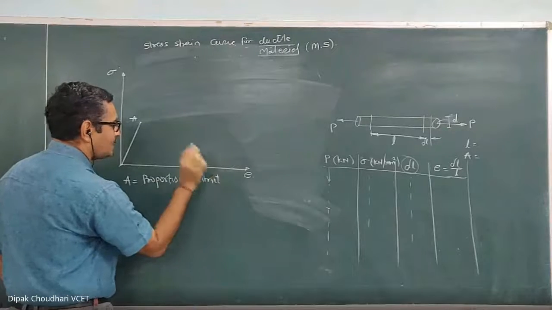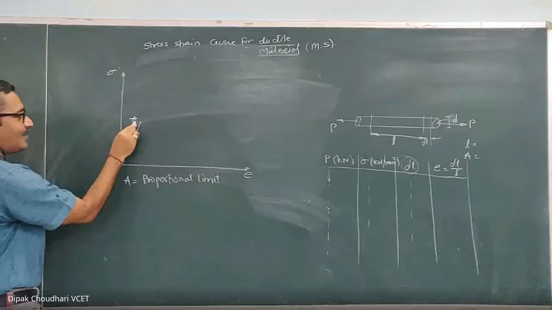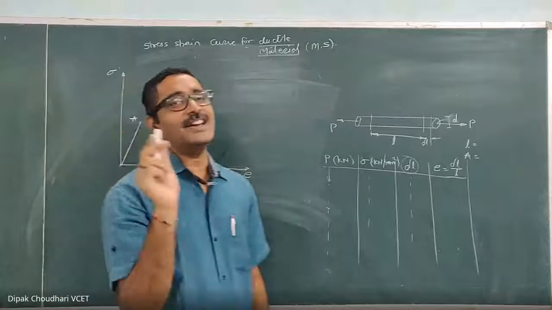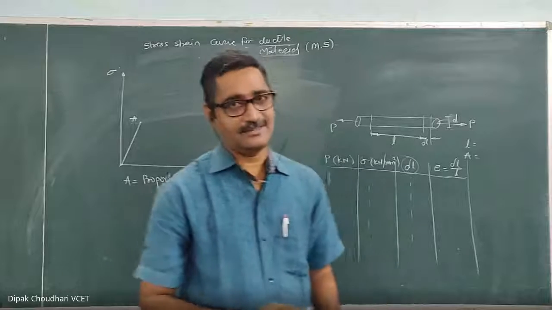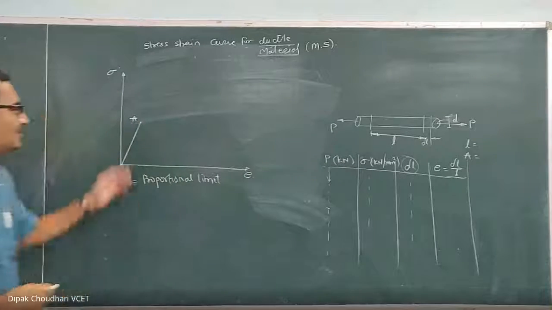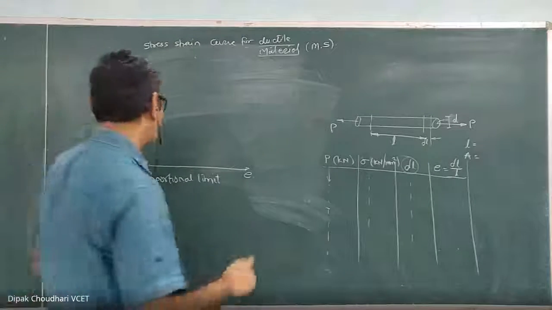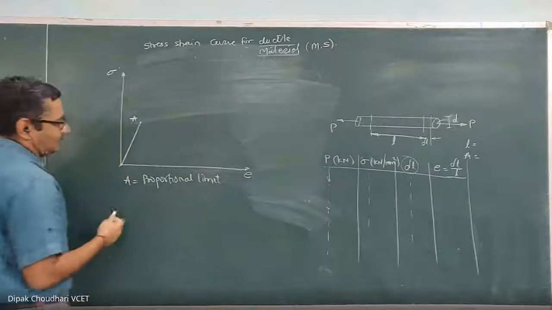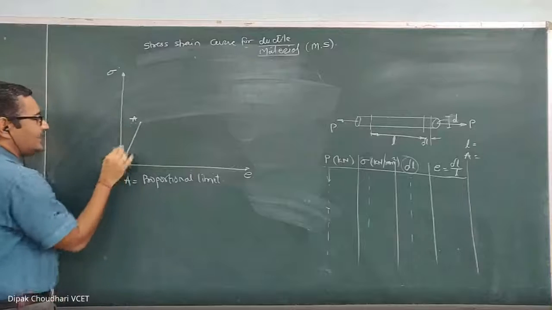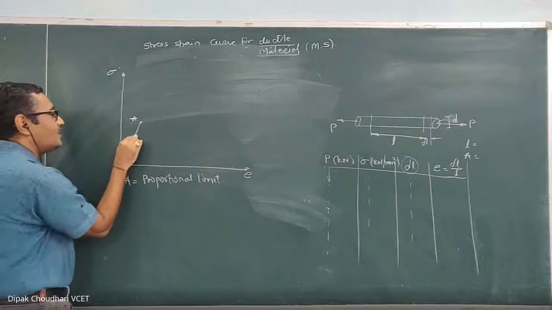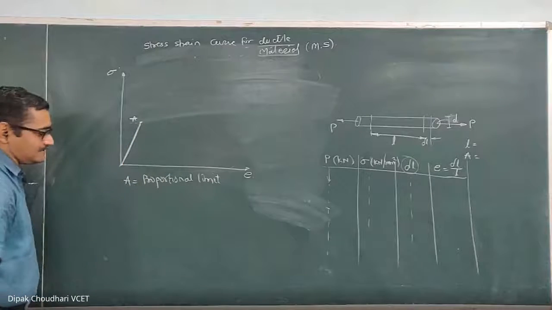So what is the proportional limit? It is that value of stress up to which the stress is directly proportional to the strain. With respect to that I will explain Hooke's law, but let's continue. Up to a certain limit the stress is directly proportional to the strain and the material obeys Hooke's law. What is Hooke's law? I will tell you later.